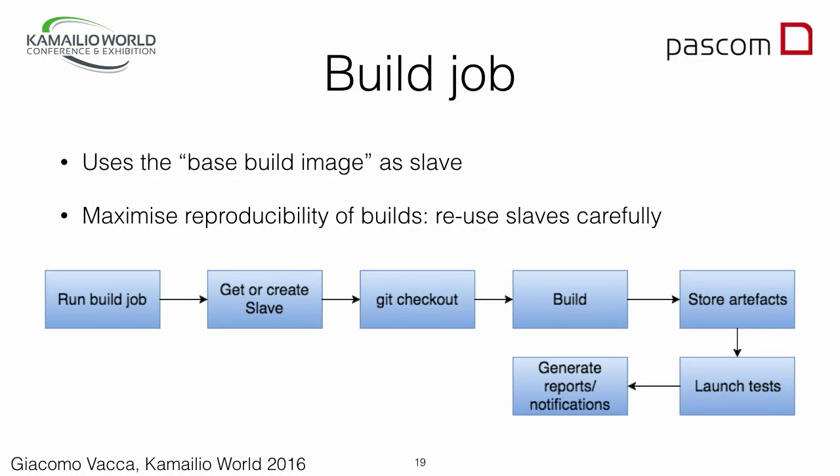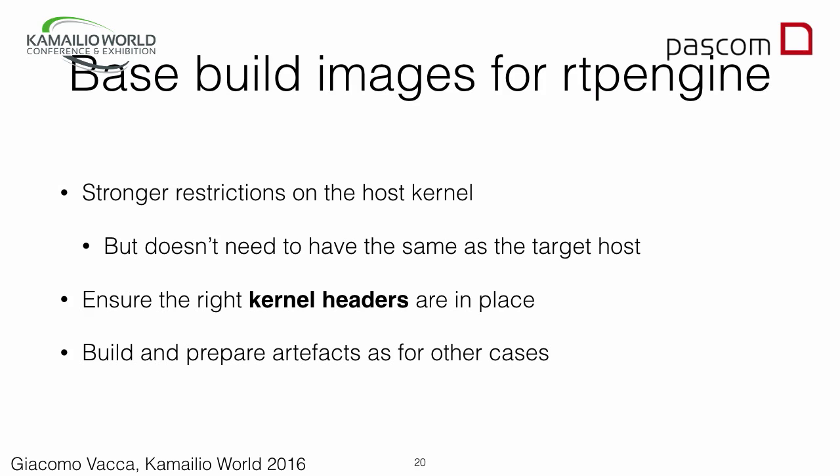So you can imagine that from a CI tool, you run the build job, which could be triggered on demand or scheduled. You create a slave from scratch. The slave will be a container. You do a git checkout and you do the build. At the end of the build, you store the artifacts. And of course, you can imagine afterwards launching the tests and generating reports and notifications, which can be via email or Slack or whatever system you use for these notifications.